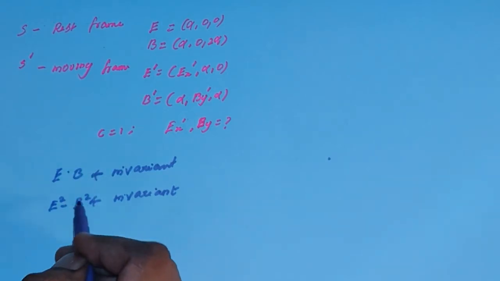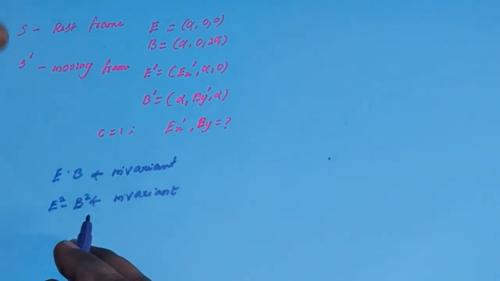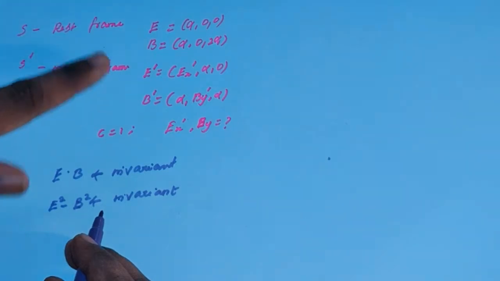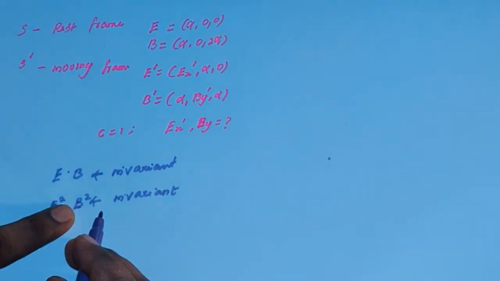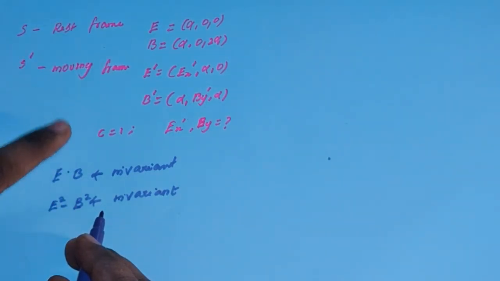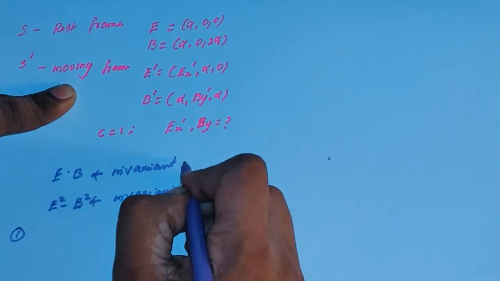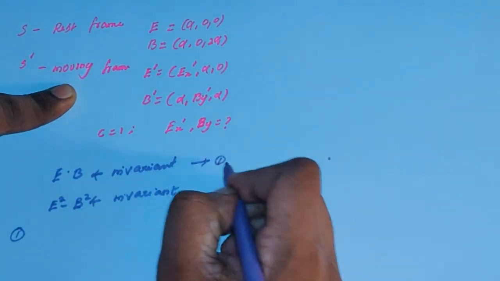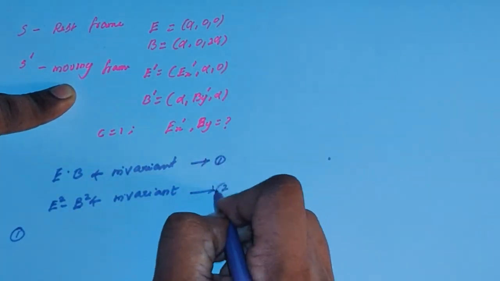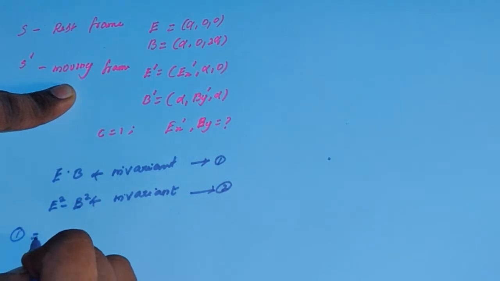These are the two invariant quantities we are going to use now. This is the first invariant quantity, and this is the second.